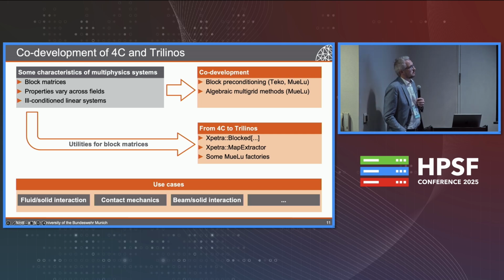I pointed out some parts in Trilinos that I'm kind of proud of, that conceptually originated from our code. This is all the ePetra blocked stuff that Tobias Wiesner put in, the idea of the ePetra map extractor. That's basically a one-to-one copy. And then also some MueLu factories that we were able to contribute.